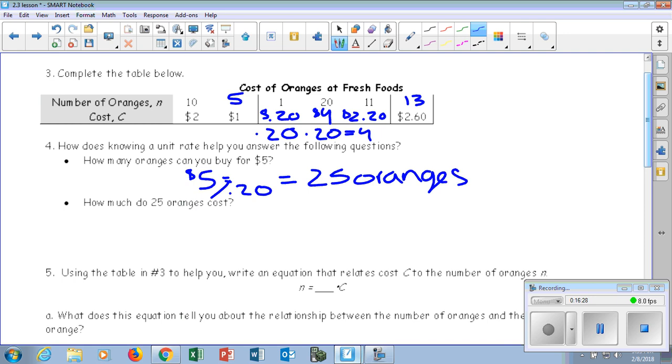How much does 25 oranges cost? Now we know we have 25 oranges. And we need to figure out the price of the total. Stephanie, we have 25 oranges. We know that one orange costs 20 cents. So how would you calculate that? How did you get that?